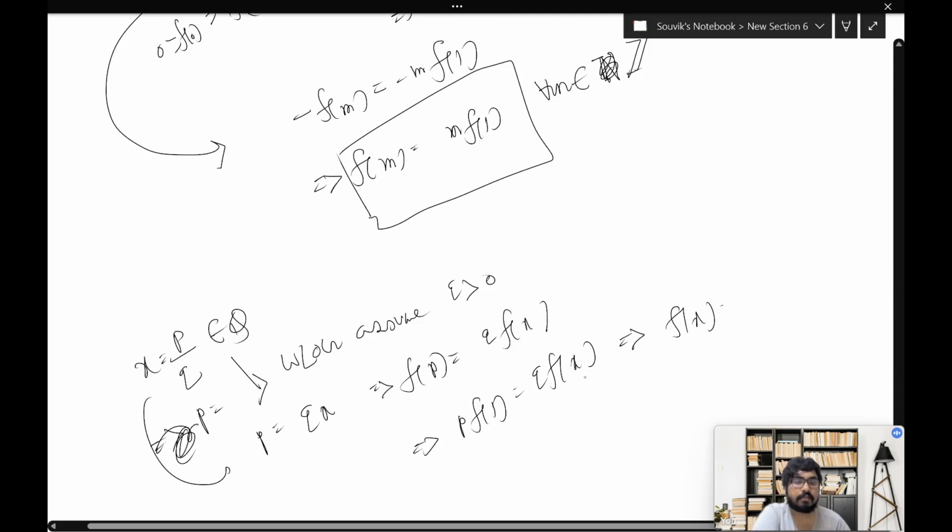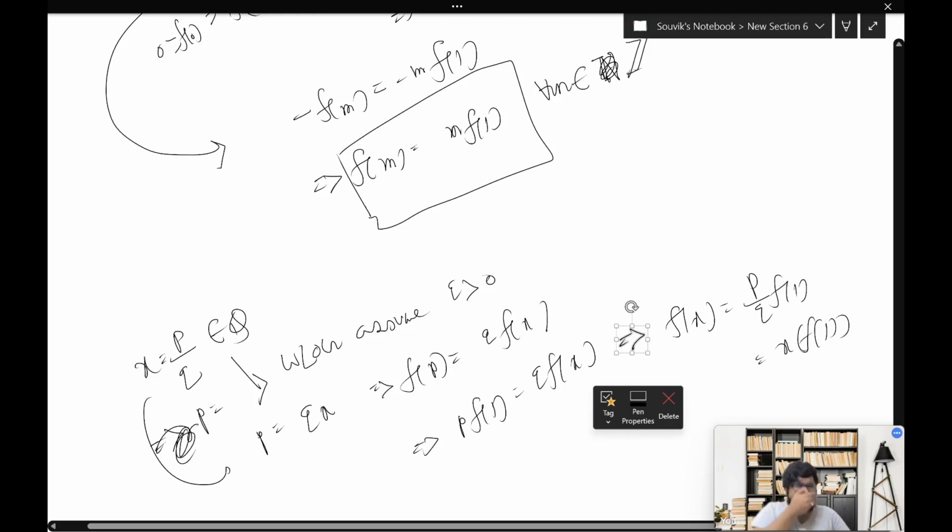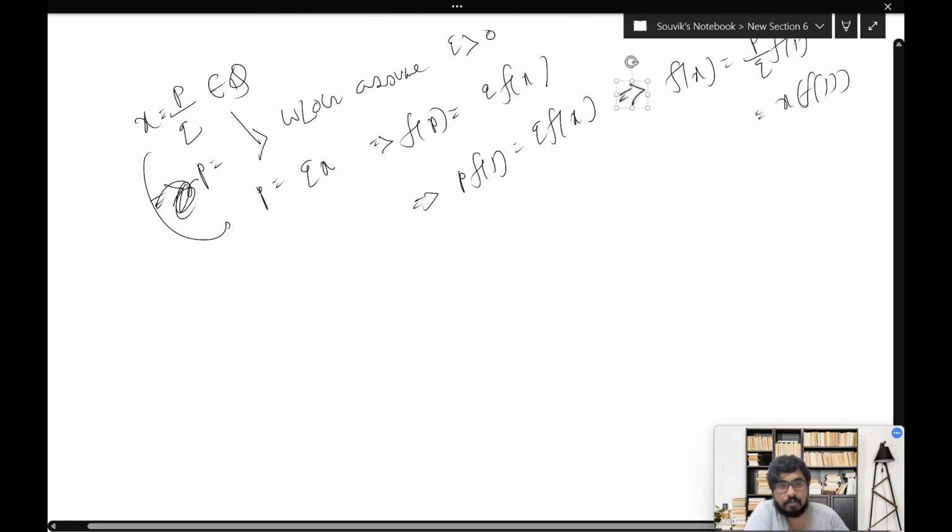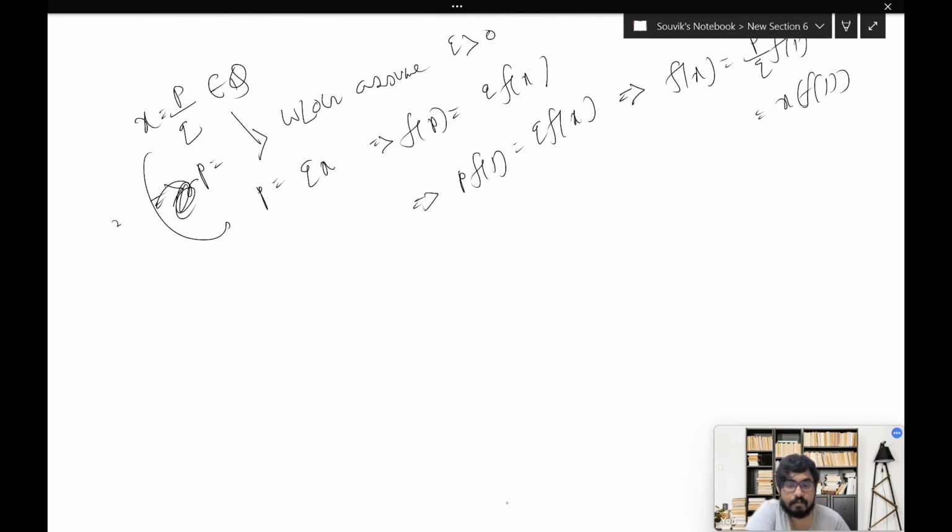So this implies f of x is equal to p by q times f of 1, which is x times f of 1. So till now, f of x is equal to x f of 1 for all x belongs to Q.